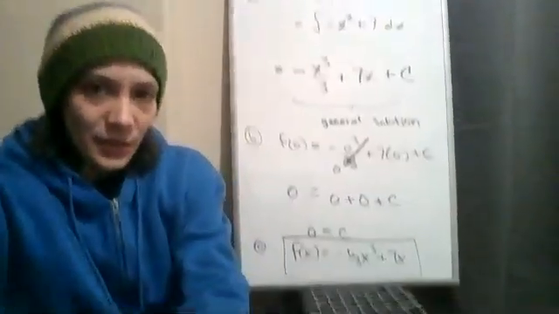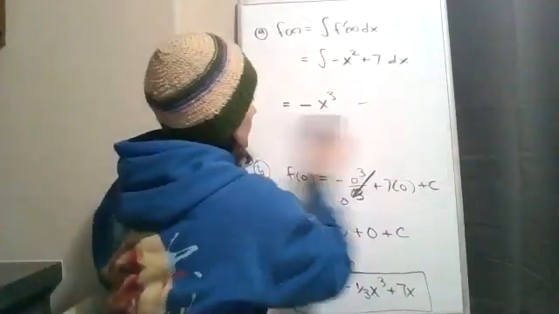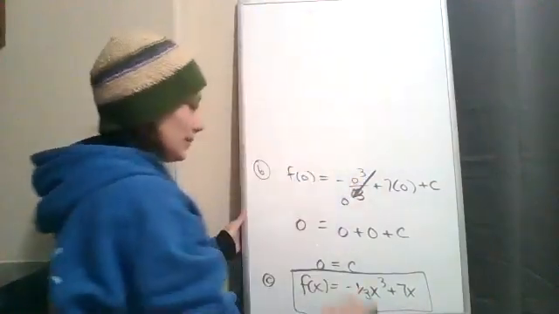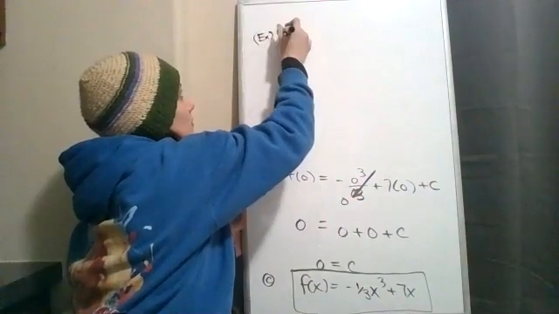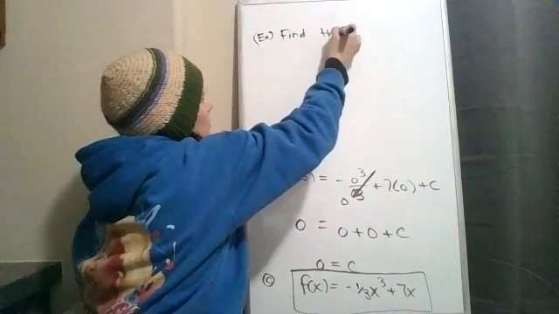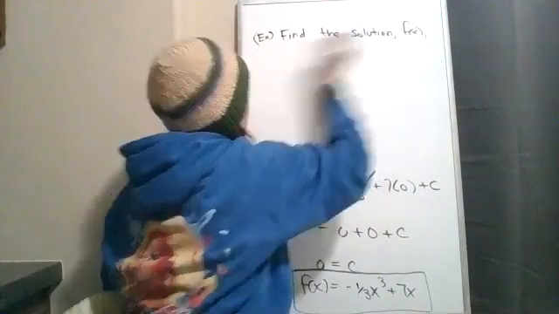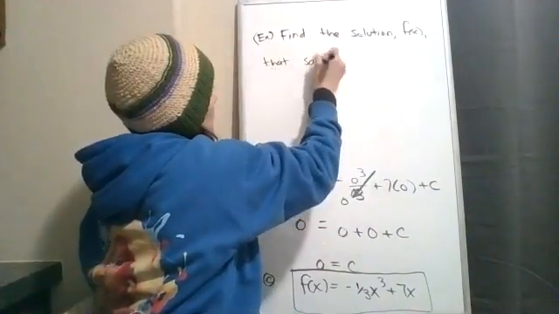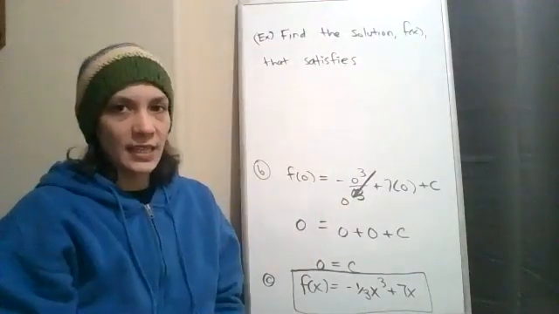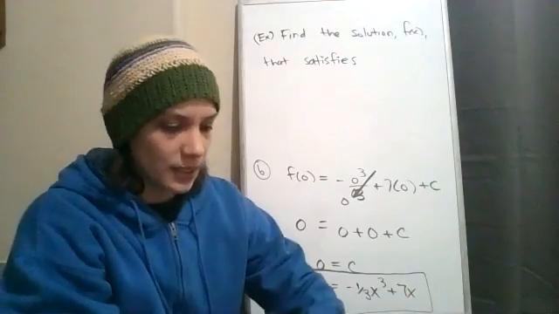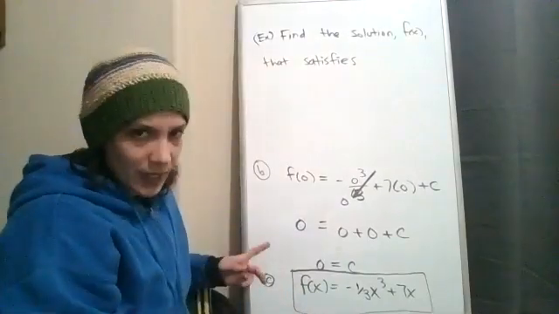Okay, let's do another one of these. Okay, this time your differential equation is the derivative, f prime of x equal to 1 over x squared.